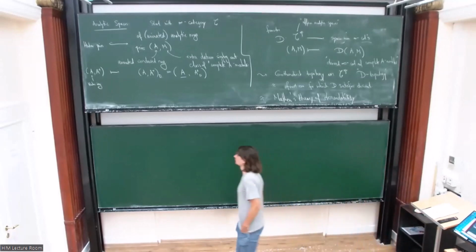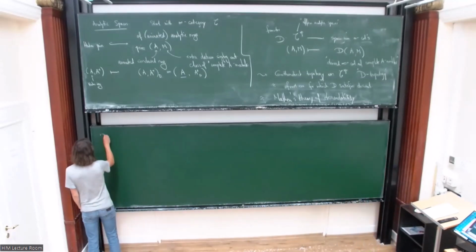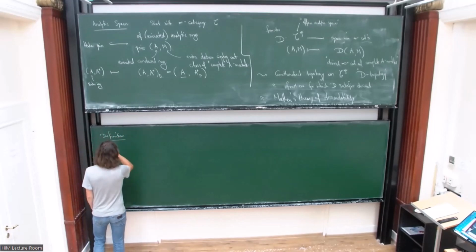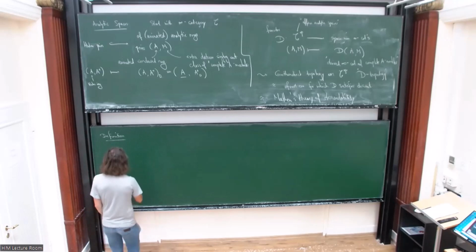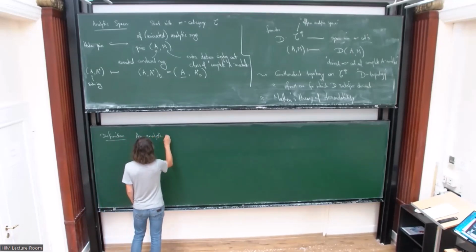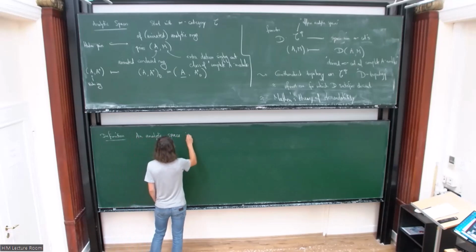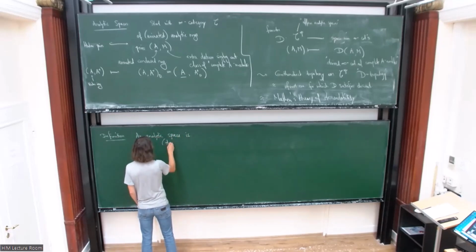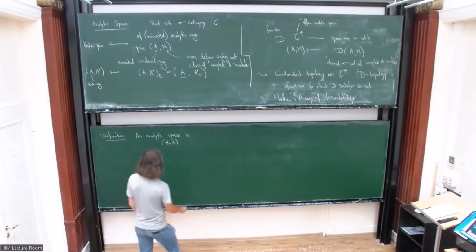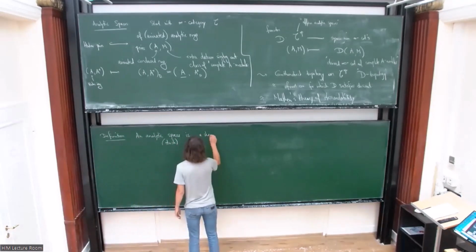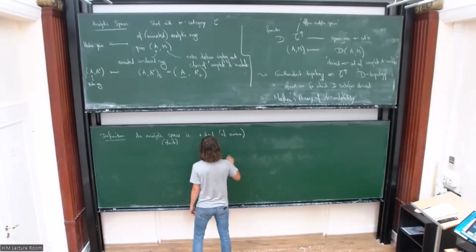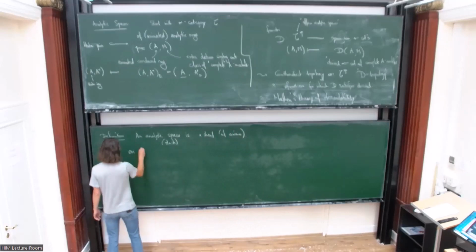And so then we take some kind of maximalist approach to our definition of analytic spaces. So the definition will just be that an analytic space... really, maybe one should call these stacks from the start.